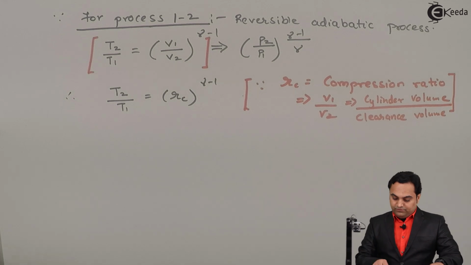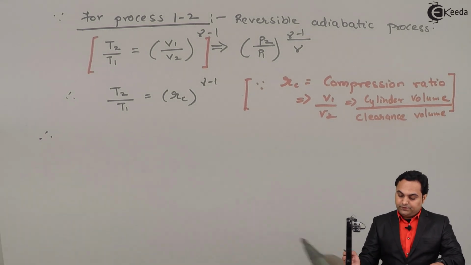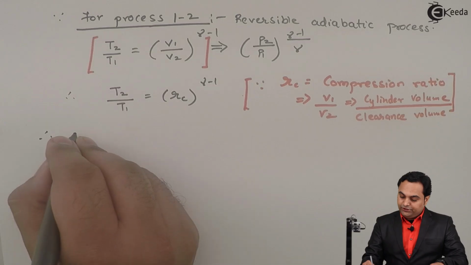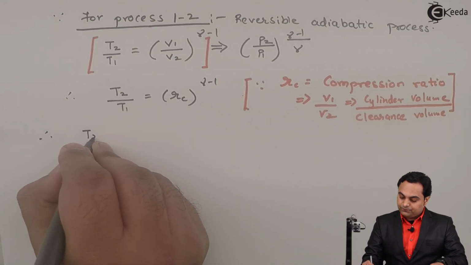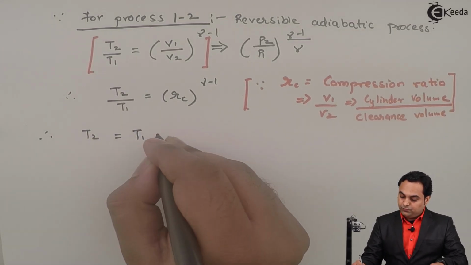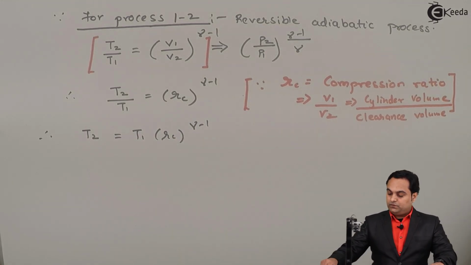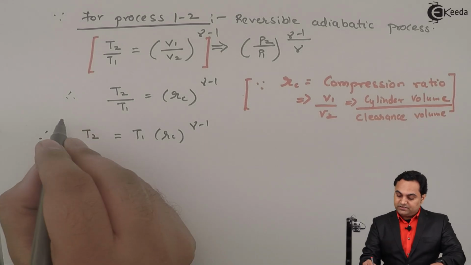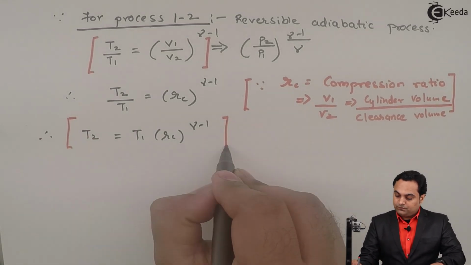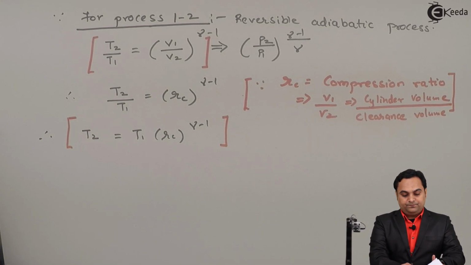So therefore T2 will be equal to T1 into RC raised to gamma minus 1. I am going to keep this as equation number 5.